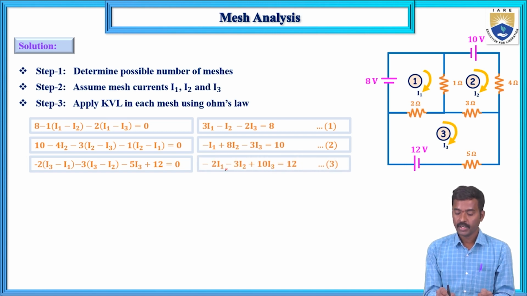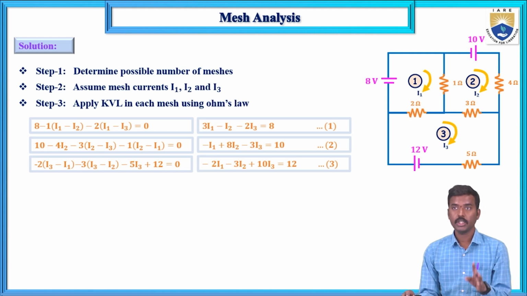Minus 2 I1 minus 3 I2 plus 10 I3 is equal to 12, the simplified equation of this one. Equation number 3. Now here we have three equations in I1, I2 and I3.